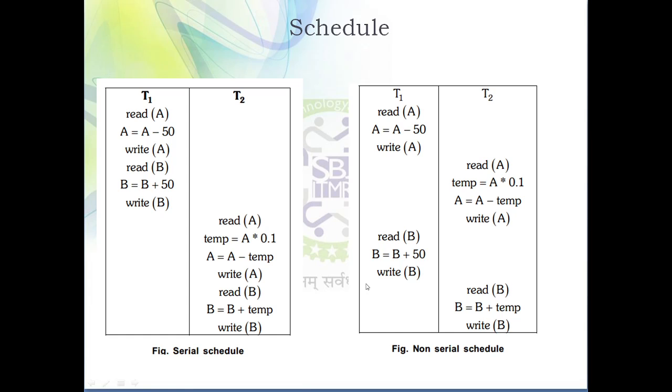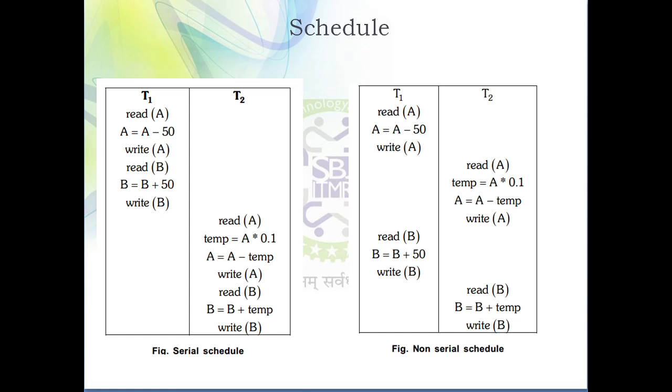So what are the benefits of a non-serial schedule over a serial schedule? The main benefit is that in case of a serial schedule, transaction T2 has to wait for T1 to complete its execution, but this is not the case in a non-serial schedule. Transaction T1 is executing and transaction T2 is also executing.